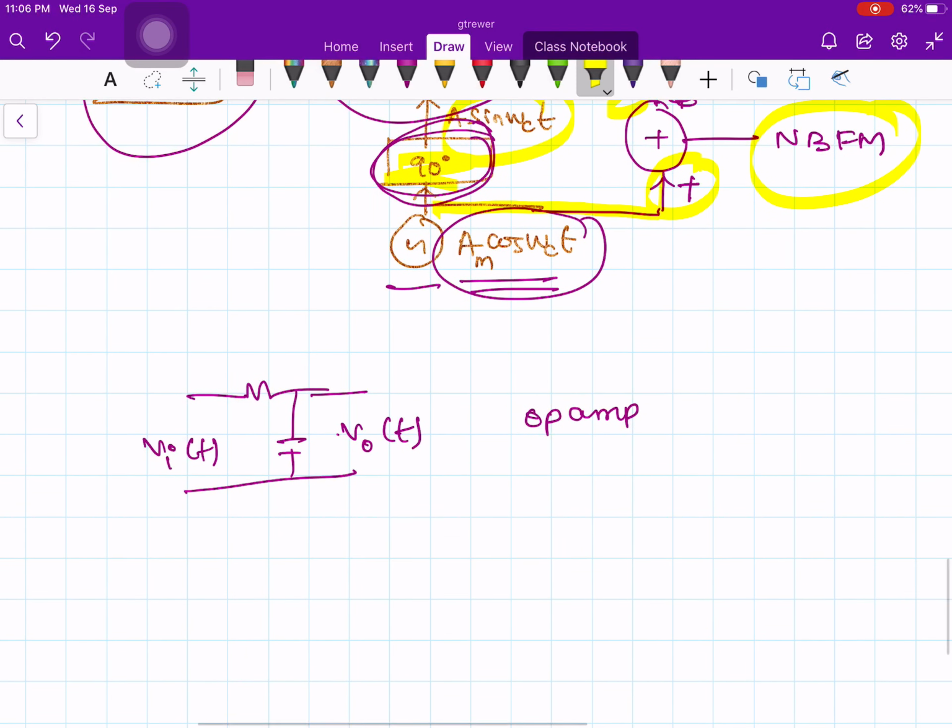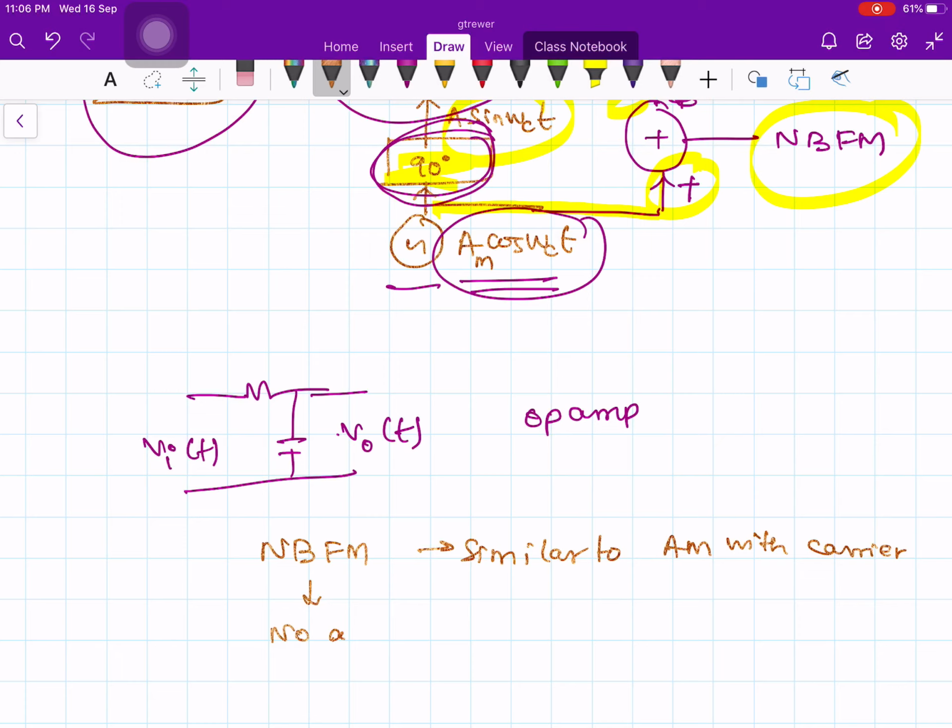Now one important question arises. What we said, your narrowband FM signal is almost similar to AM with carrier. But what did we say? In narrowband FM, no amplitude variation, isn't it?